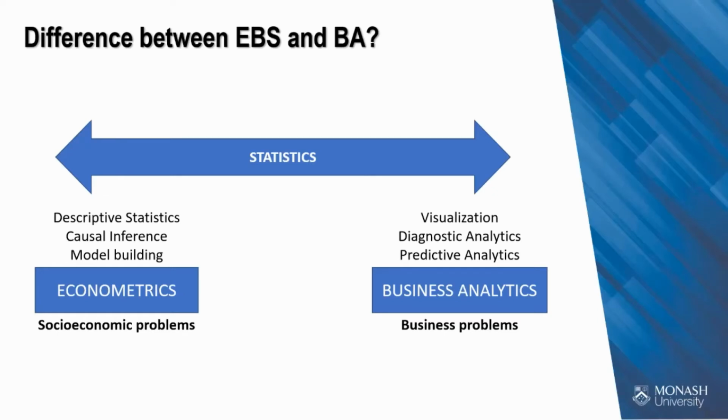However, in business analytics, we typically do visualization and predictive analytics, and we apply it more on business problems. That's the main difference. I know some of you may say there are some areas which can cut across both. Yes, it can. However, just think of socio-economic problems typically for econometrics and business problems typically for business analytics.